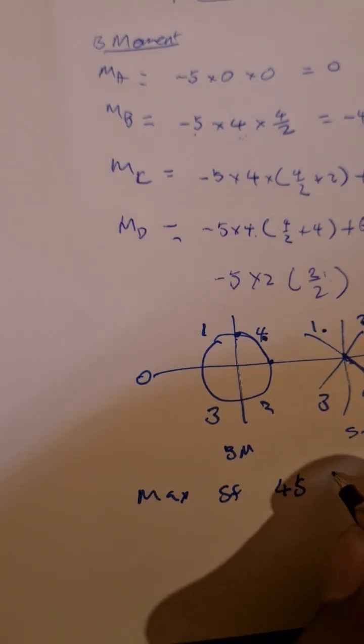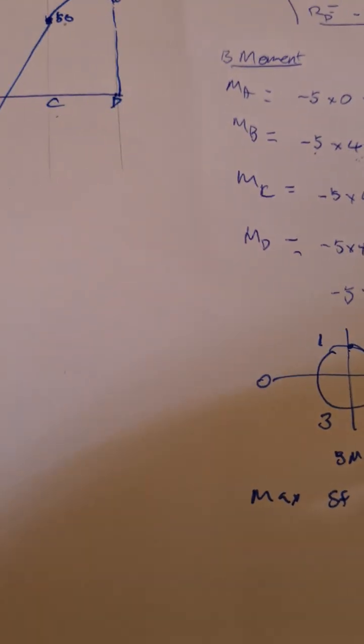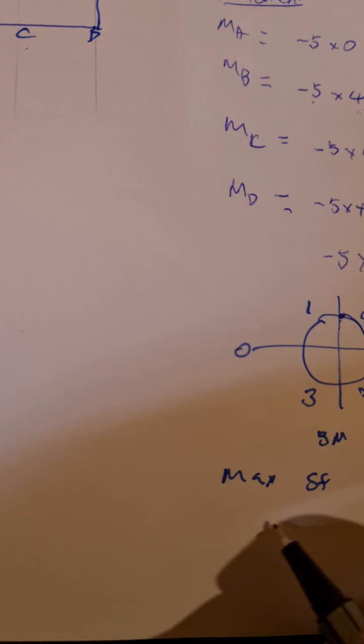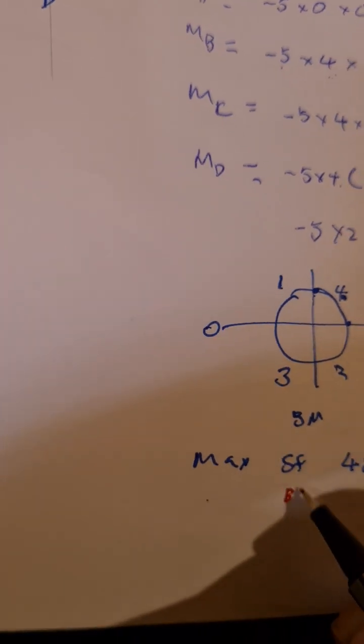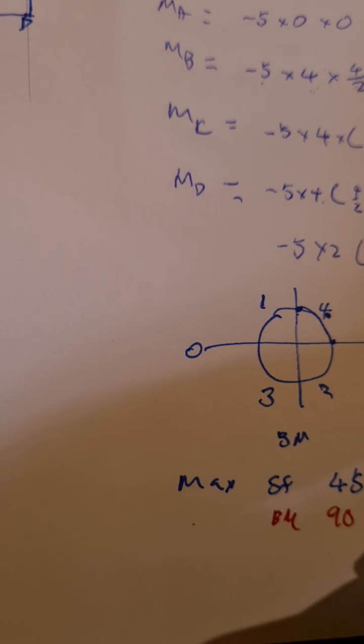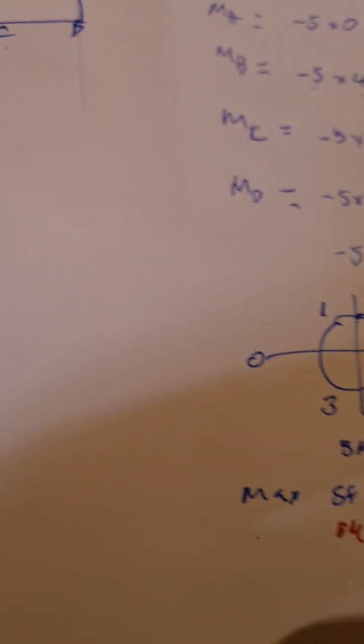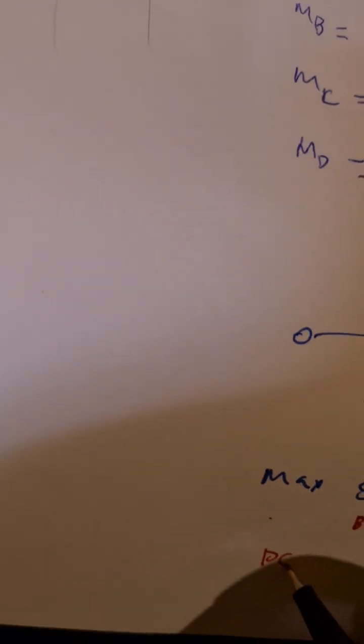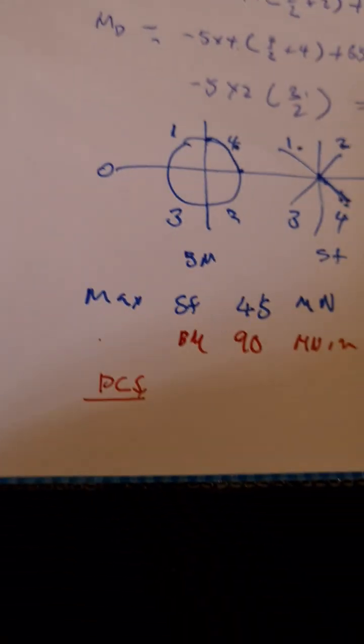Then here the maximum shear force is just 45 kilonewton. Then the maximum bending is 90 kilonewton meters, right?